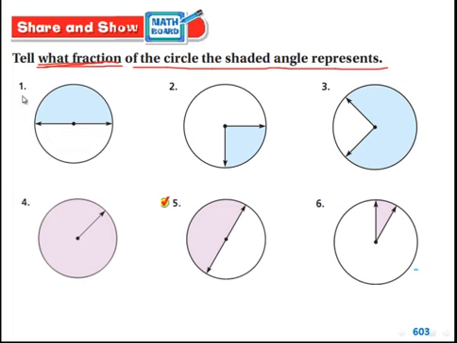For number 1, what should I write for this fraction? How many parts are there? Exactly 2 parts. So I'm going to write the fraction that represents the shaded part, which is 1/2.